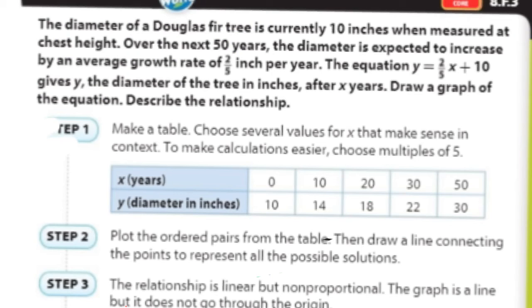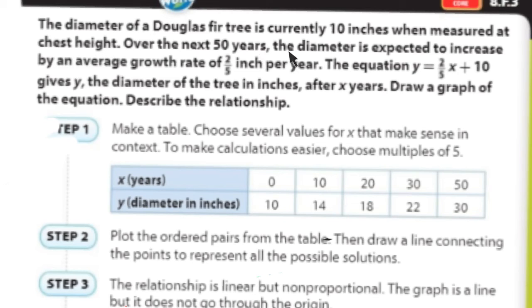Okay, so here we are with another example, and this is about the Douglas fir tree. It's a type of tree that has green on it all year long. You could even have one in your house now this time of year. The diameter of a Douglas fir tree is currently 10 inches when measured at the chest height.